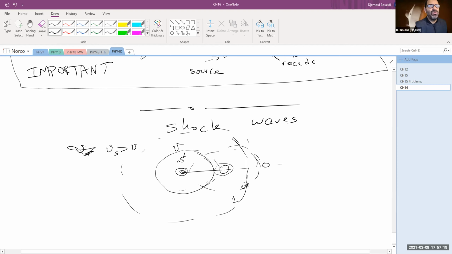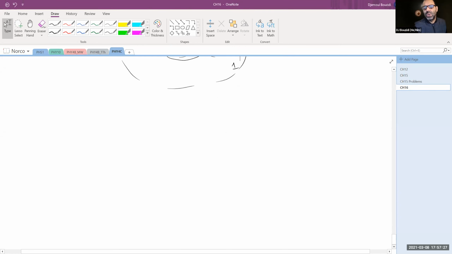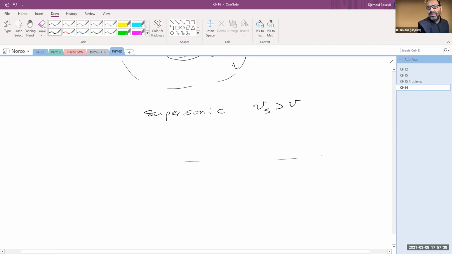If I continue with this analysis, because sound is actually coming with very high frequency most of the time, this picture is really not that good. So this is how it looks now. It looks like the source, which is usually an airplane that is supersonic, because again, v of the source is higher than v of sound. So in this case, here is how the picture looks.